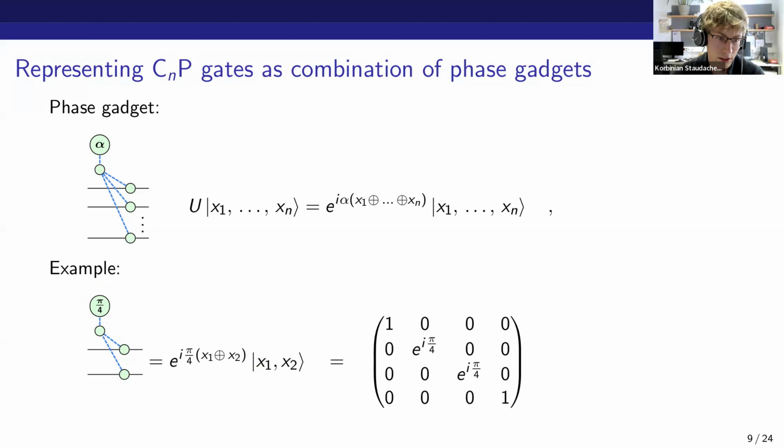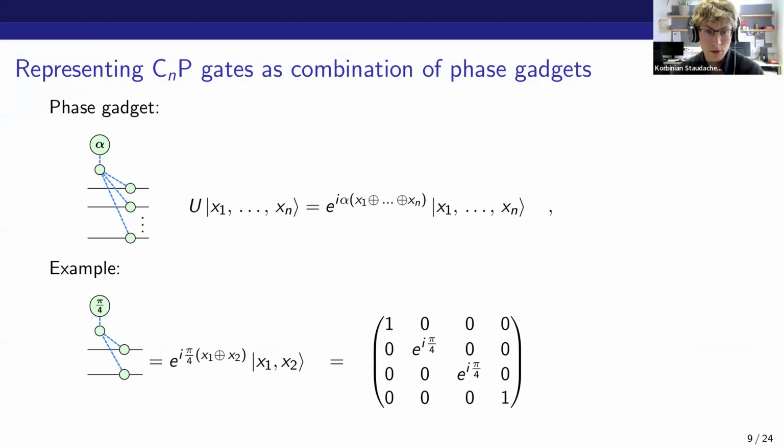And then this phase of e to the power of i pi/4 gets only applied to those basis states which have exactly a single one and not two, like here, and not zero. So this would result in this matrix here. And what can be realized by phase gadgets is always just a diagonal matrix.